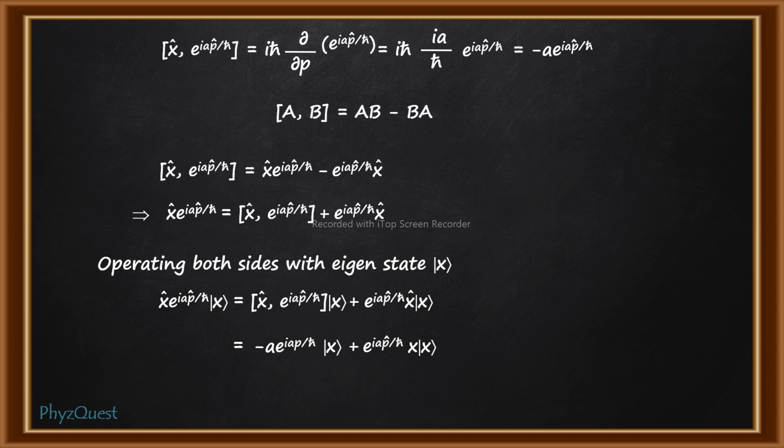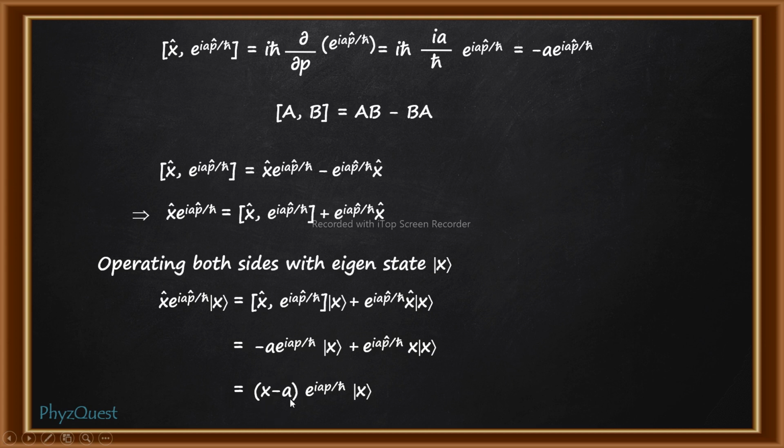Now both the terms have e to the power i a p cap by ħ |x>, so ultimately the final term will be (x minus a) e to the power i a p cap by ħ |x>. So if you look carefully here, x cap is operated on e to the power i a p cap by ħ |x>.